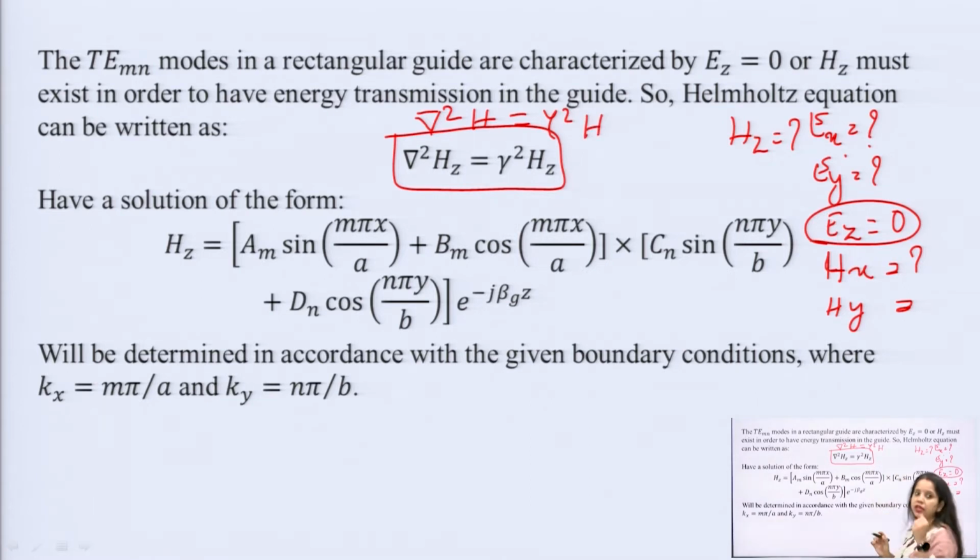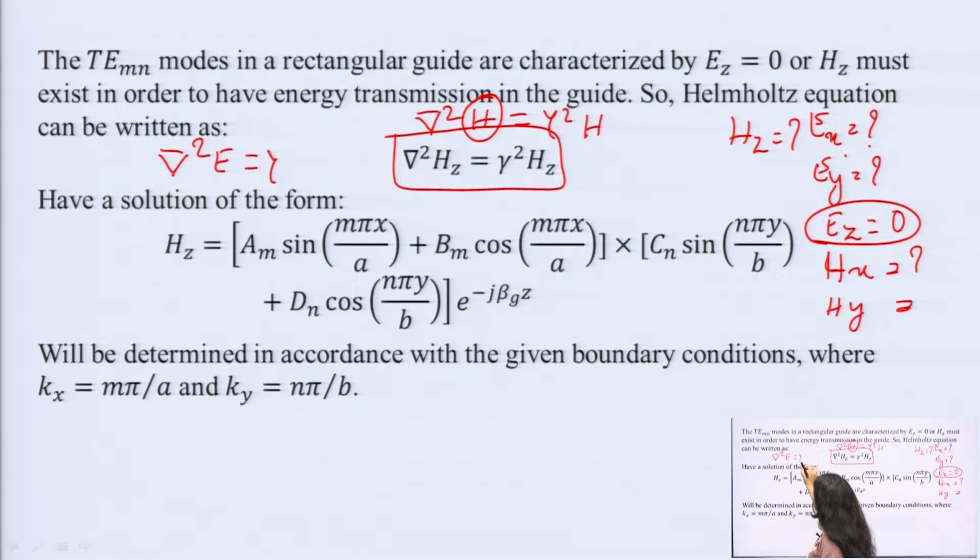The first question that arises in your mind is why we are writing the wave equation in terms of H. The wave equation can be written in terms of both E and H. For example, when we write it in terms of E, this will be del square E equal to gamma square E. And if you are able to recall, this gamma is our propagation constant, which is equal to alpha plus j beta. Alpha is our attenuation constant and beta is our phase shift.